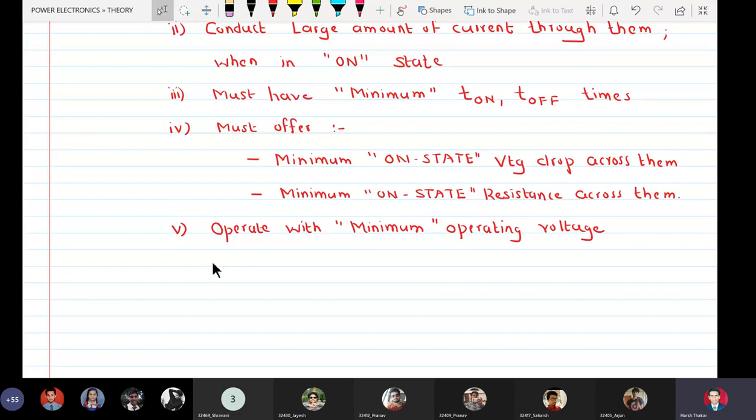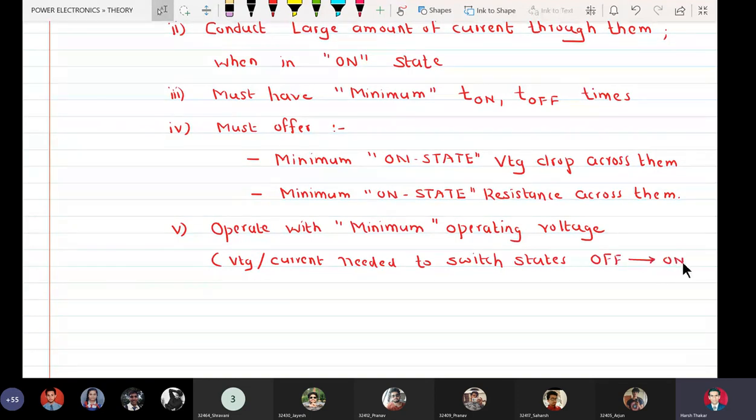So operating voltage in this case refers to the voltage or current needed to switch states, that is off to on and on to off.